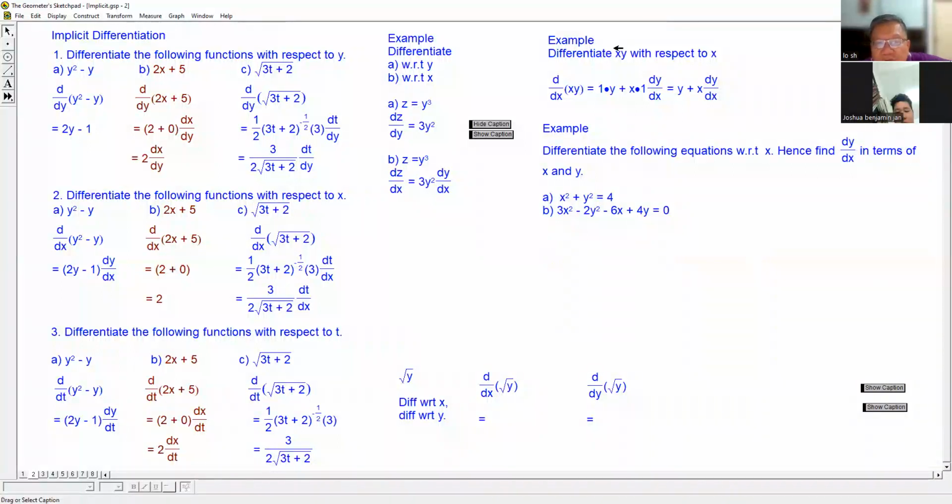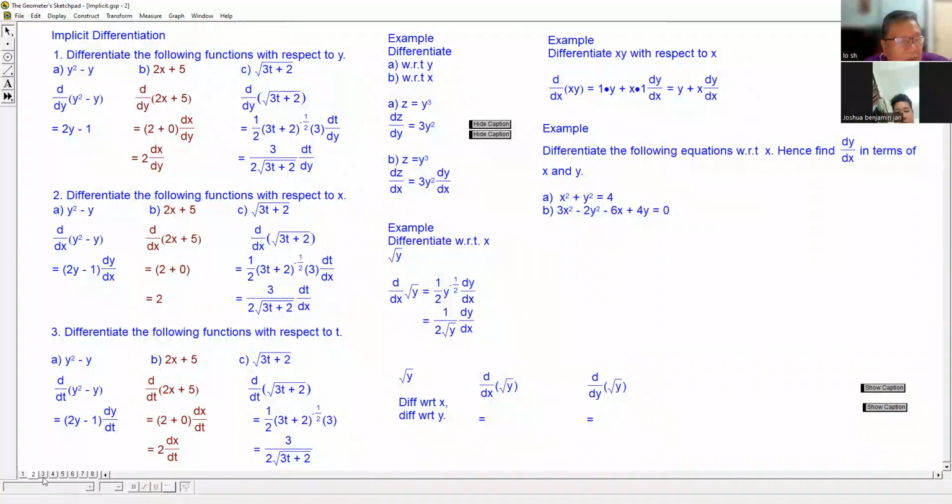It means two functions. It's a product of x and y, x multiplied by y. If you want to differentiate this with respect to x, how to differentiate xy with respect to x?